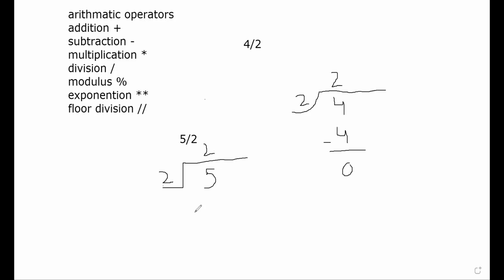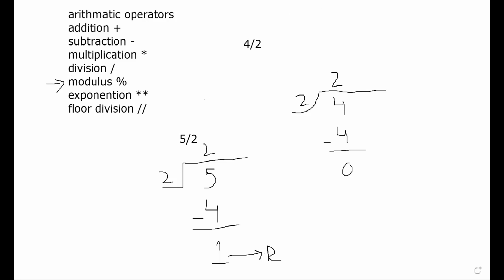And we have one left. If we subtract it, we have 1. So this one is called the remainder, right? How can we calculate this remainder? By using modulus. Okay, now let's try it on Python.